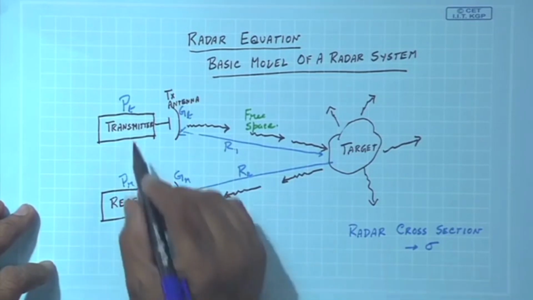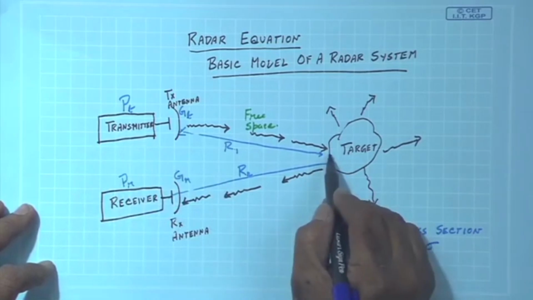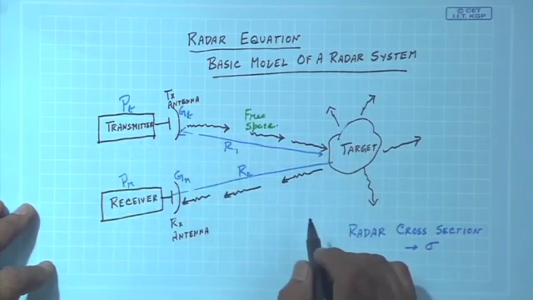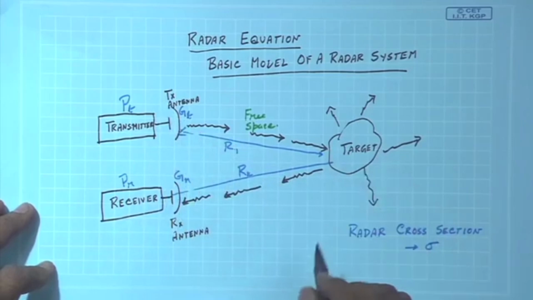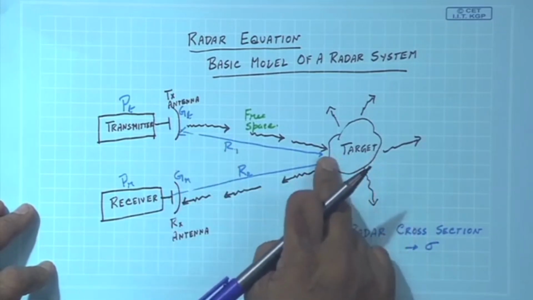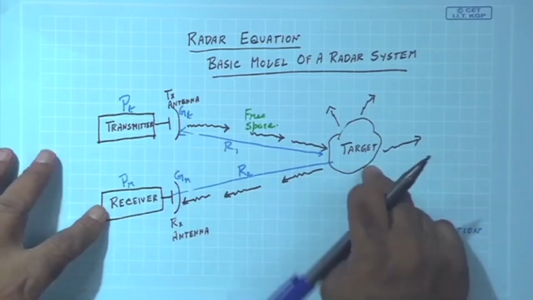So, you see that the transmitter is giving PT power in this direction of the target. This target is far away from the transmitter. So, it is in the far field of the transmitting antenna. So, basically plane waves type of thing is illuminating the target. Similarly, the receiver is far away from the target.